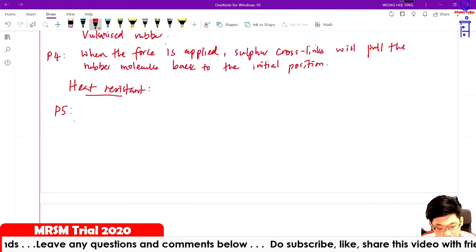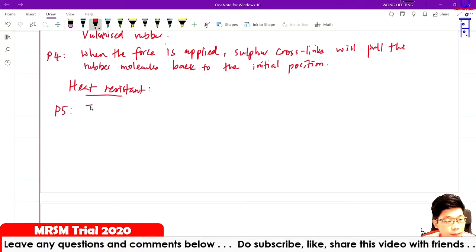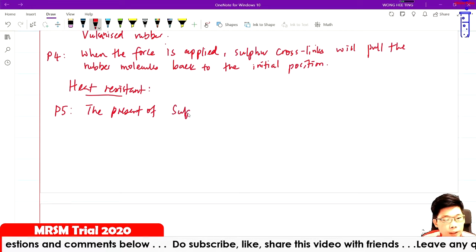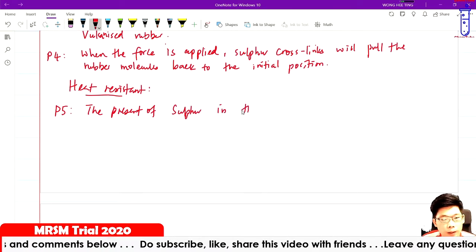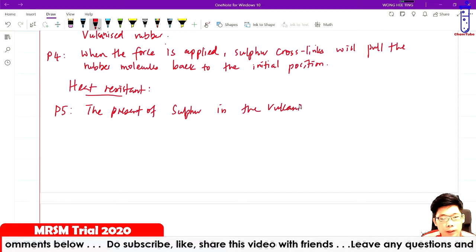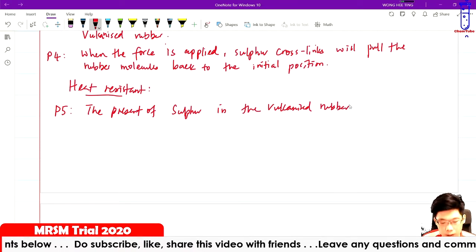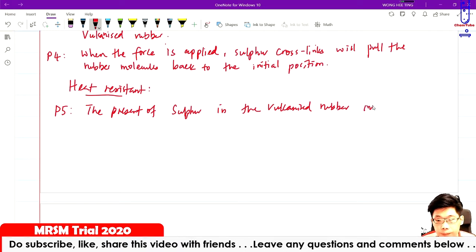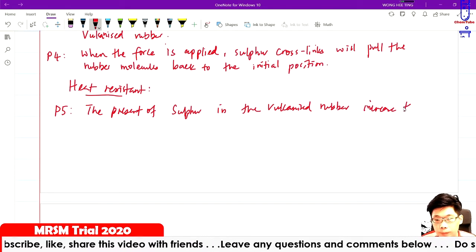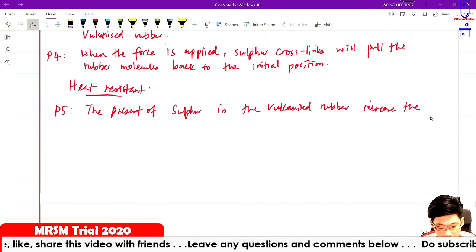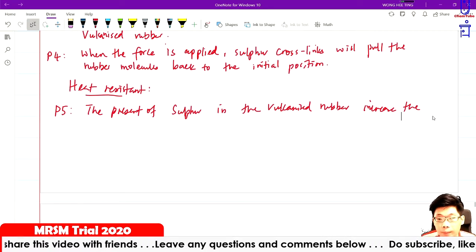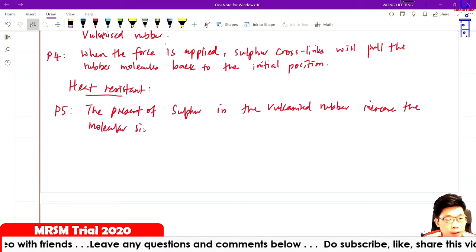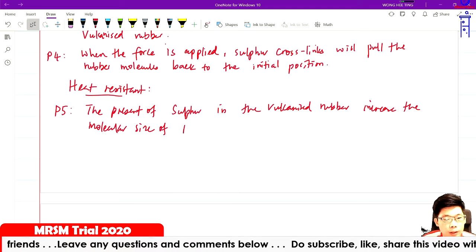The presence of sulfur in the vulcanized rubber increases the molecular size of the rubber.